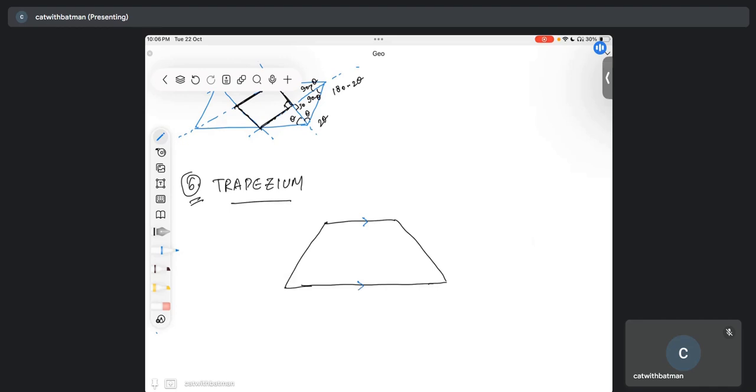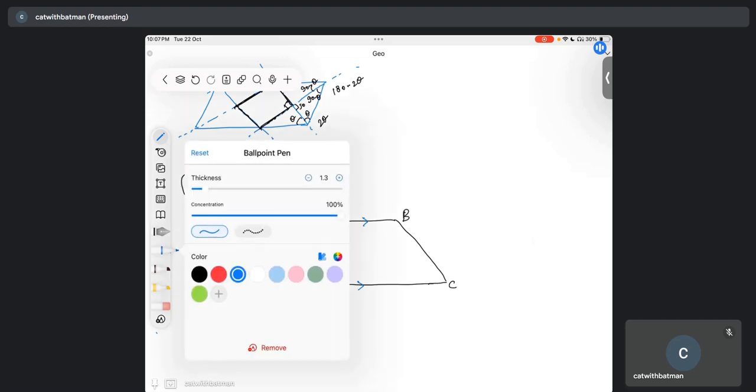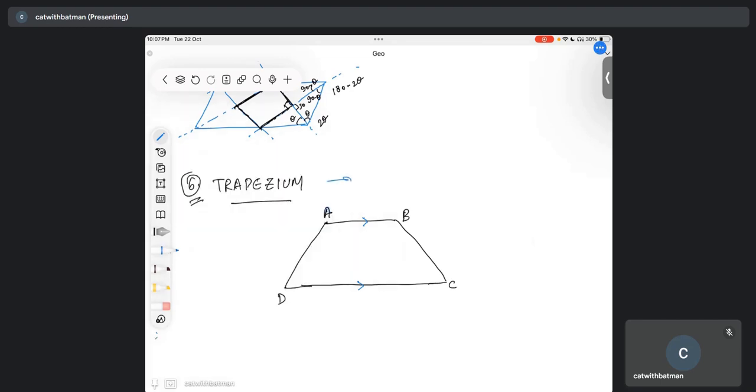That is the only relation that you have in a trapezium, that you can say that, okay, there is some relation. This is the only thing that you can talk about. Let's write down some points. As I said, one pair of sides is parallel.